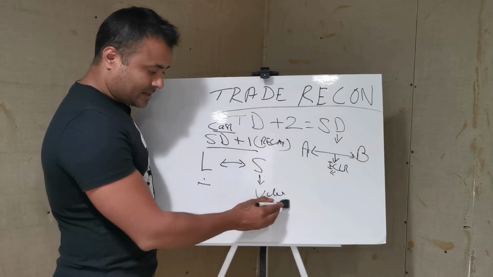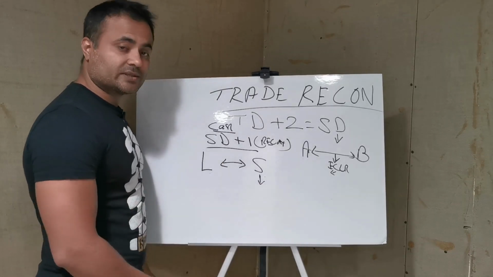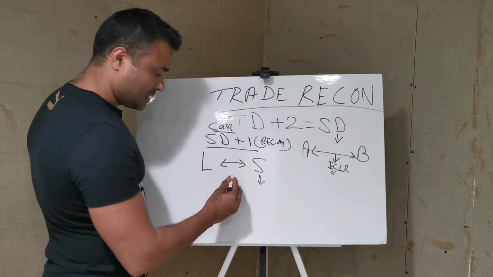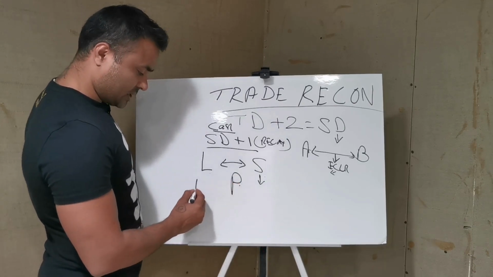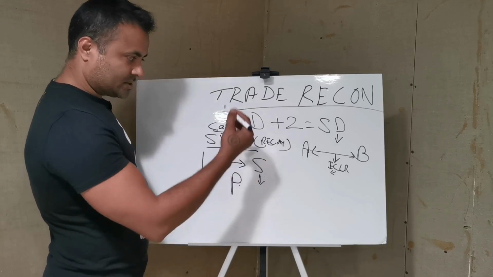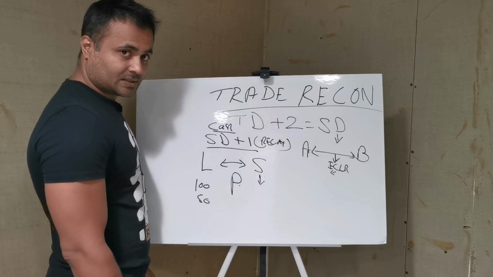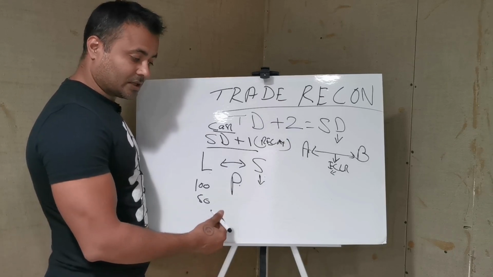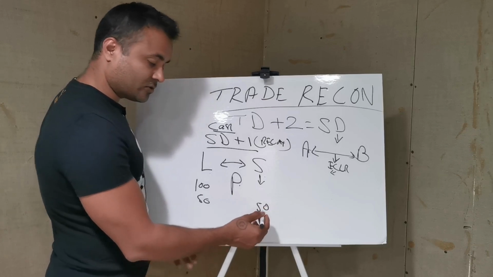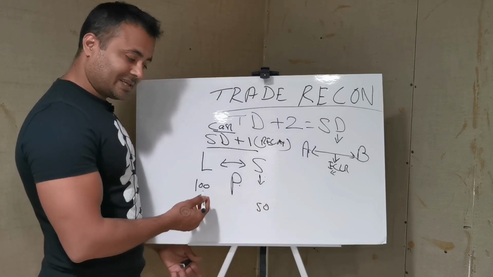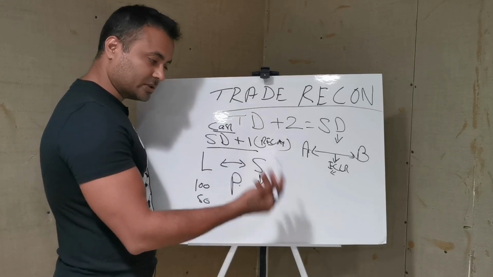The crucial part is what happens if there's a partial settlement. So if there's a partial settlement, instead of 100 shares on the settlement date, 50 are settled. And you agreed to settle those 50 shares with the counterparties, so your statement will be for the 50. Now the other 50 shares are still pending to settle with the counterparty. Then you need to talk to them.